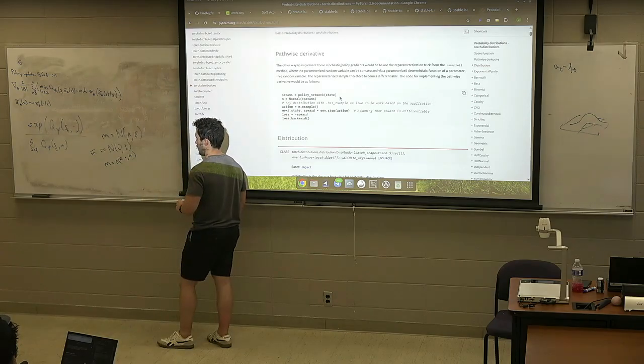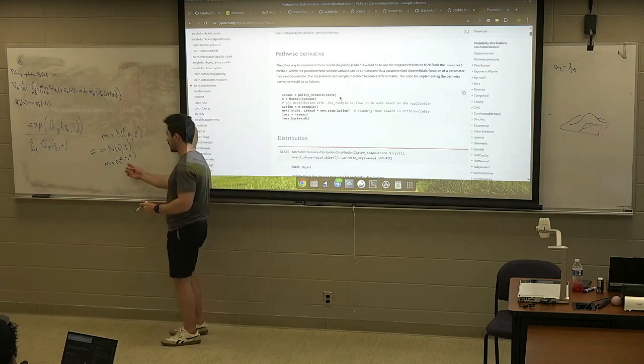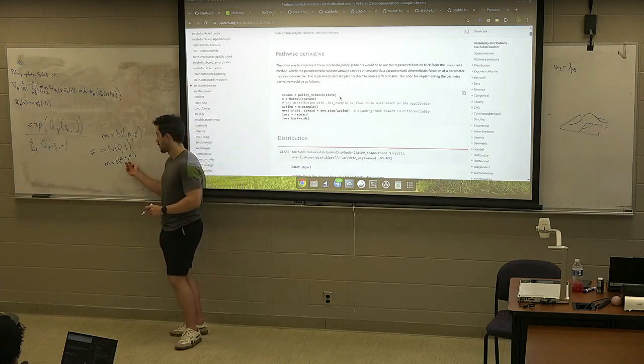And then you should be able to differentiate with respect to the parameters, in some sense, because you're actually going to still get samples out.